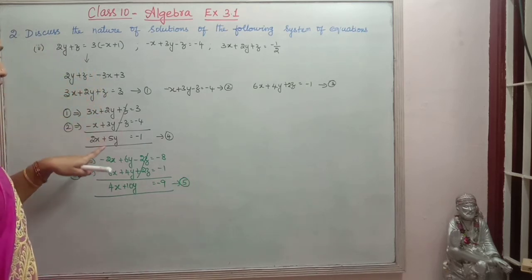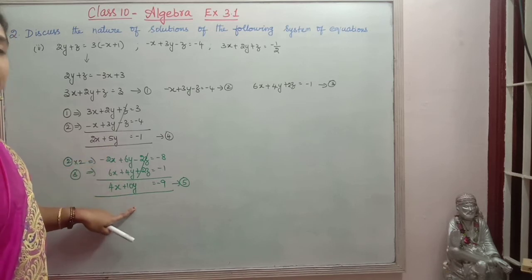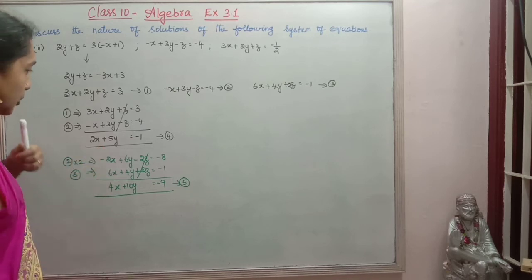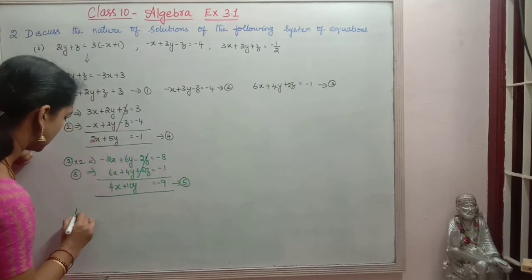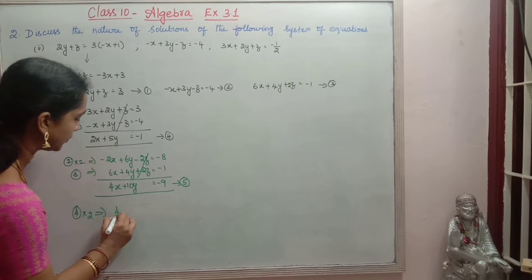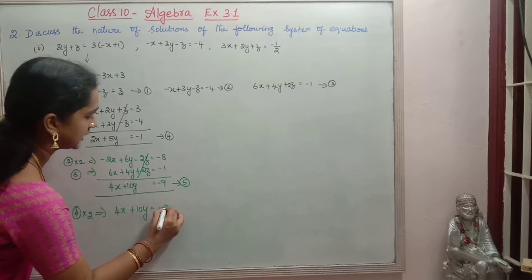Now if I want to solve this fourth and fifth equation, I have to multiply this fourth equation by 2. So fourth equation into 2: 4x plus 10y is equal to minus 2.